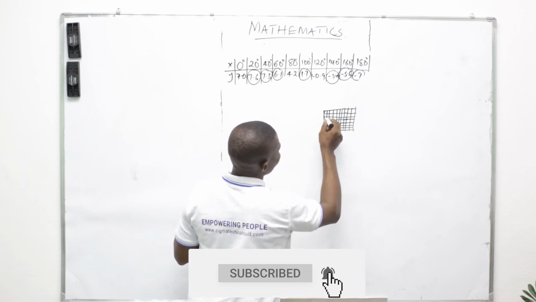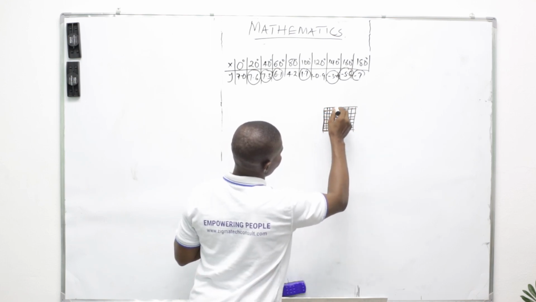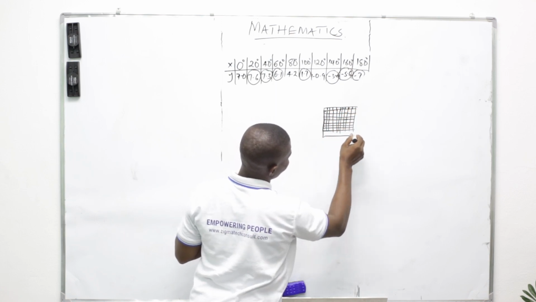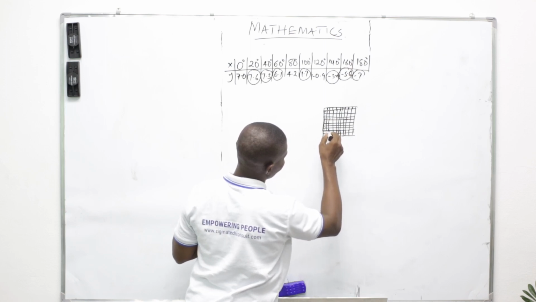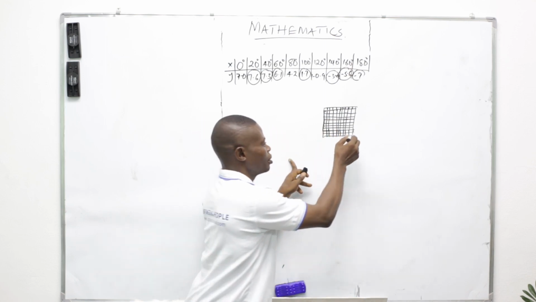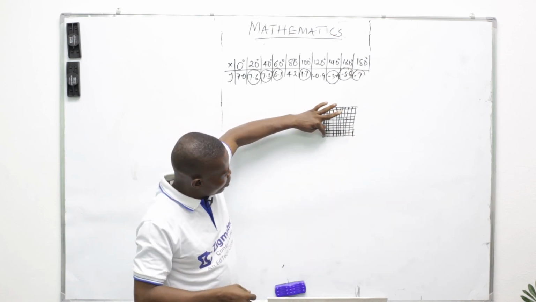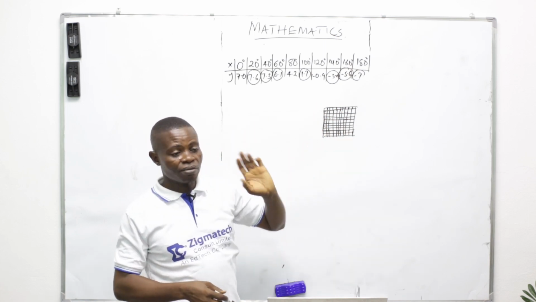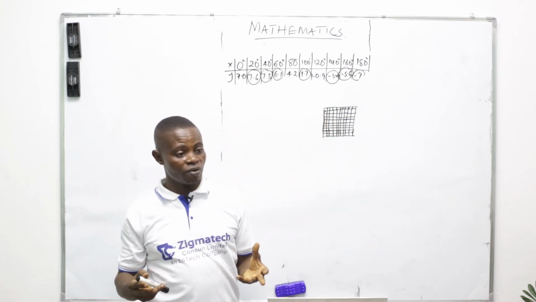Vertically, 1, 2, 3, 4, 5, 6, 7, 8, 9, and 10. Have you seen what I'm saying? Count the number of small squares. From this end to this end, it will be 10. You count vertically, it will also be 10. Have you verified what I'm saying?